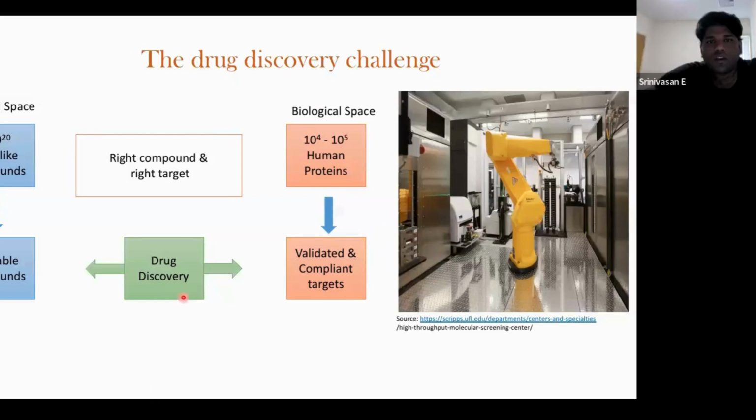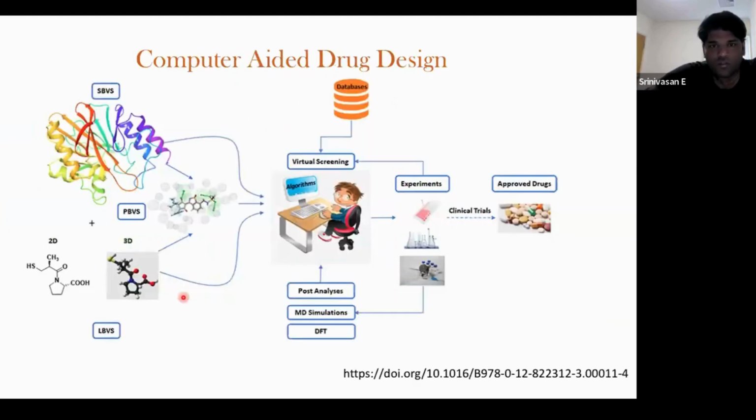So that's the important thing we are trying to work on in this situation. The overall work of computer-aided drug design relies on this phenomenon. The image I'm showing here is, initially, structure-based virtual screening.